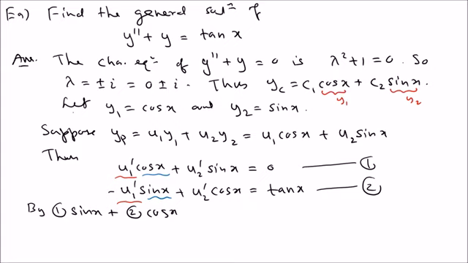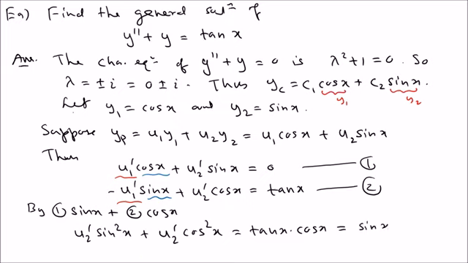On the other side, what will happen? You're going to get u2 prime sine squared x plus u2 prime cosine squared x equals, for the bottom one you multiply by cosine, so it is tan x times cosine x. Tan means sine over cosine, so this simplifies to sine x.